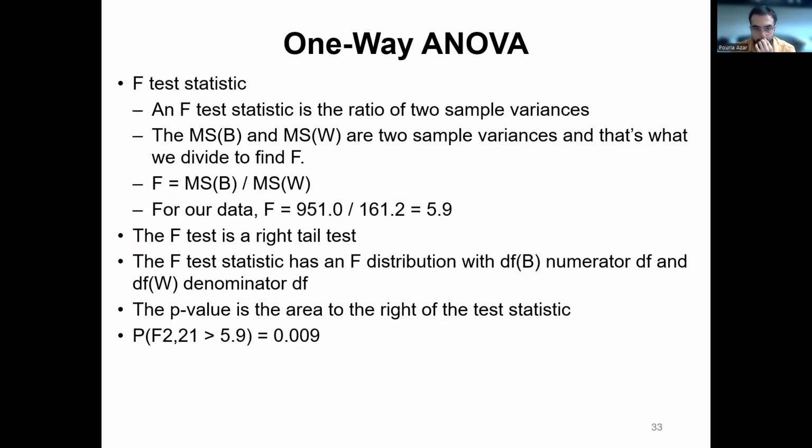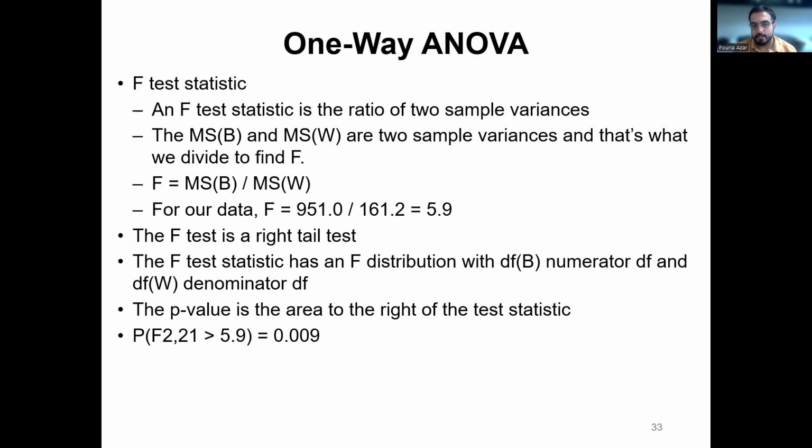That's all. The F test statistic is the ratio of two sample variances. The mean of squares between and the mean of squares within are two sample variances, and that's what we divide to find the F test statistic. So for our data, the F test statistic is 5.9.